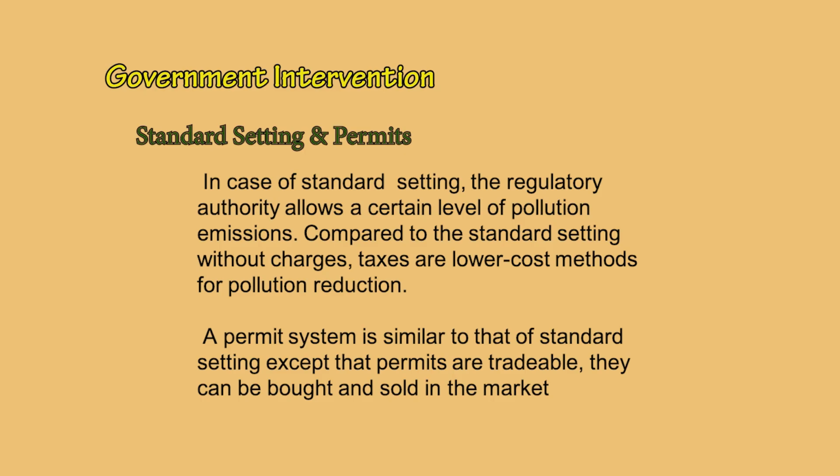That is, there is a limit to these pollution emissions. The permit system also operates in the same mode, except that permits are tradable, they can be bought and sold in the market. The standard setting method is particularly very popular in the Western world.